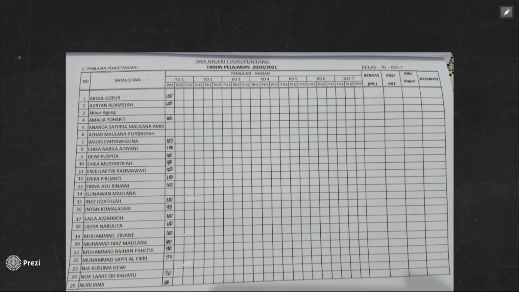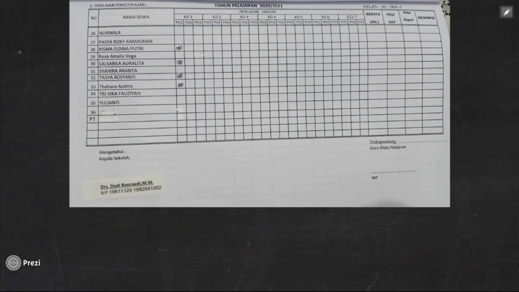It will show the KD and how many daily assessments were given to the student. It is the same as in other schools. At the end of the assessment sheet, it will be signed by the headmaster and the teacher of the lesson.